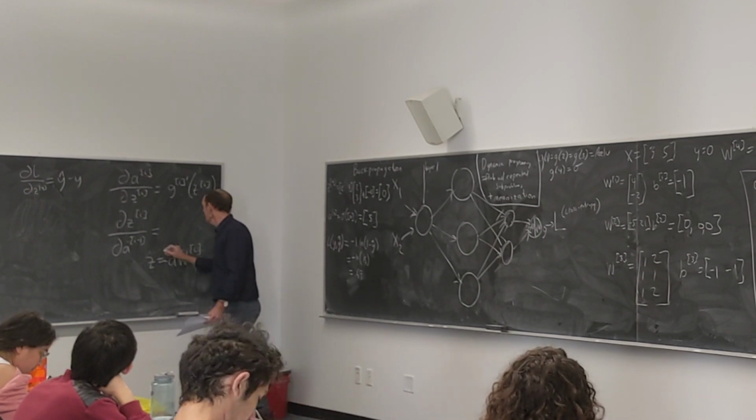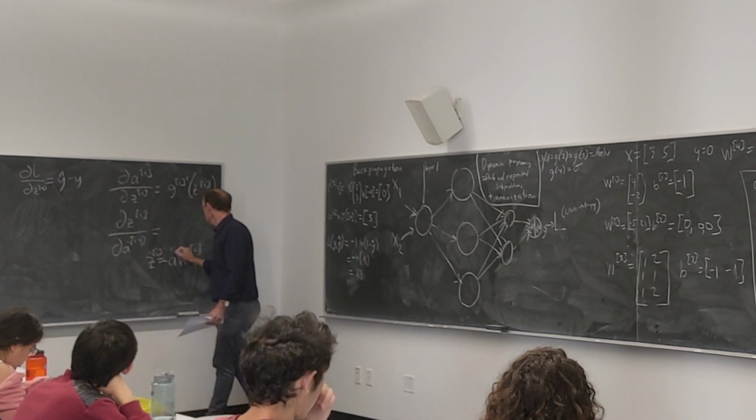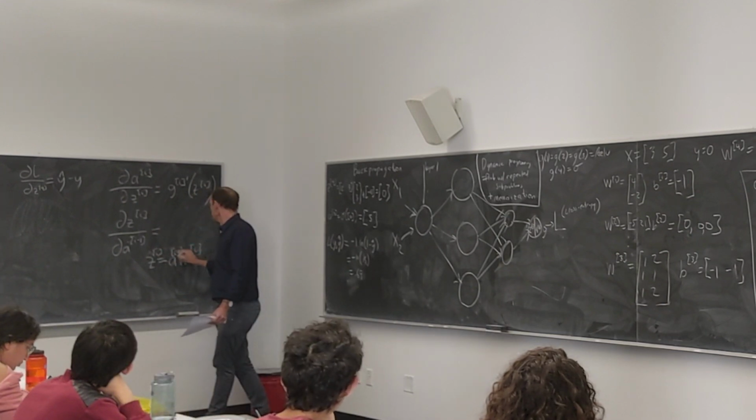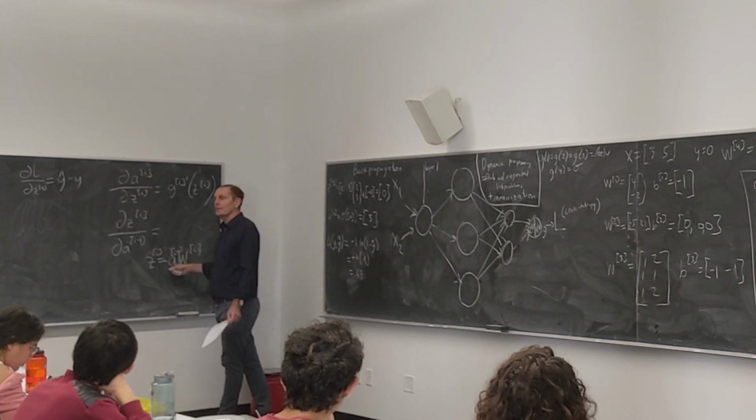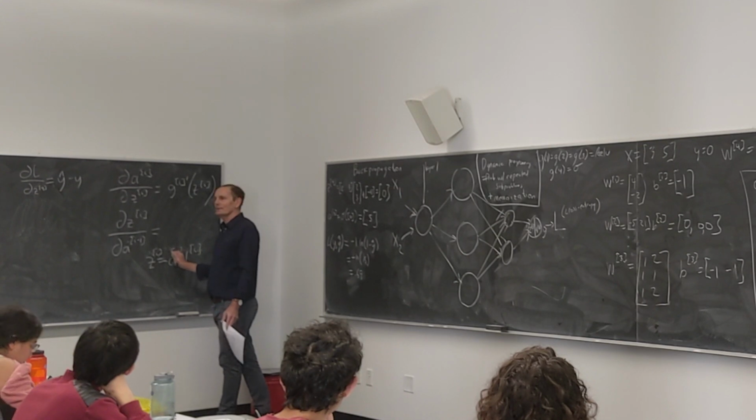And this is to the I, this is to the I, and this is to the I minus 1. When we're taking the derivative with respect to a, we're going to end up basically with a w. Okay?